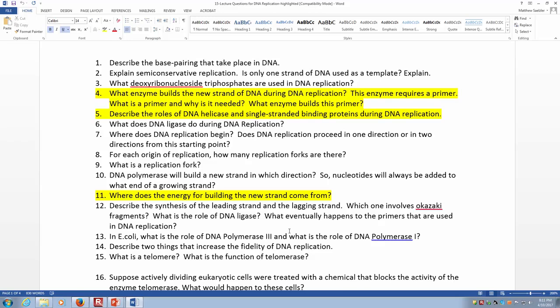Started off right. Ribose, deoxynucleoside triphosphates? Right, deoxyribonucleoside triphosphates. And so that's the dATP, dCTP, dGTP, and dTTP. We said the energy for synthesizing the new daughter strand comes from those nucleotides.